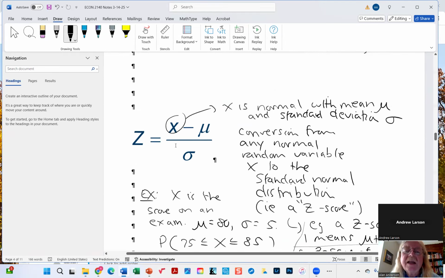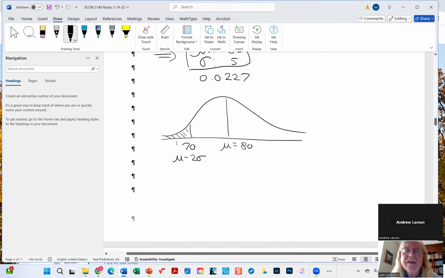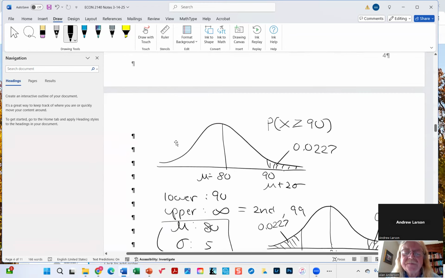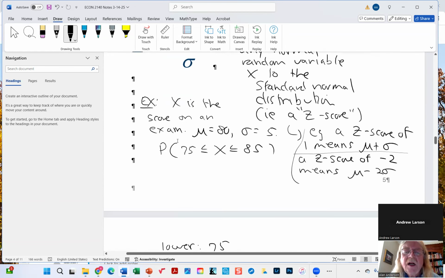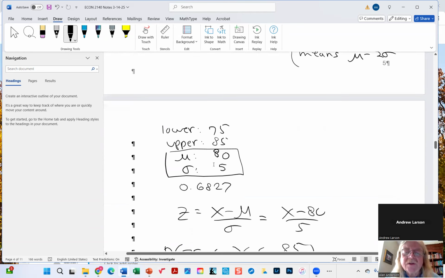Now, here's that exam question again. Same setup, mean of 80, standard deviation of 5. What if we now want to know the probability that our score is somewhere between 75 and 85? Perfectly valid question.